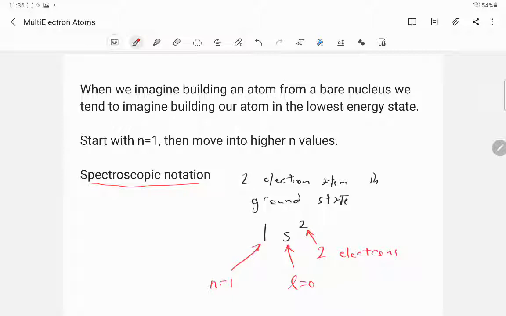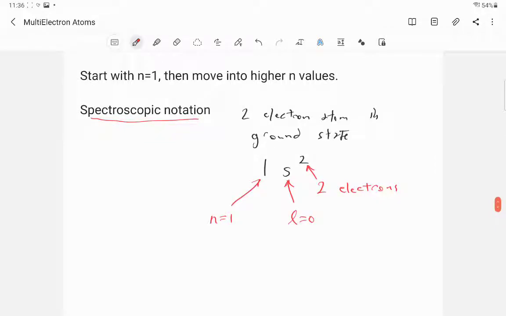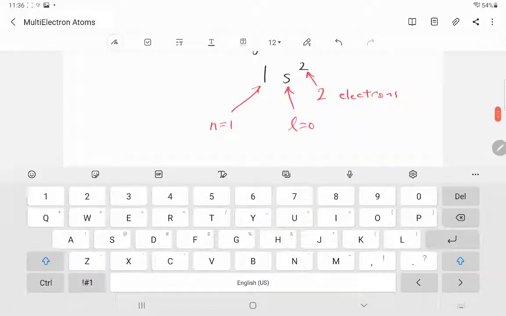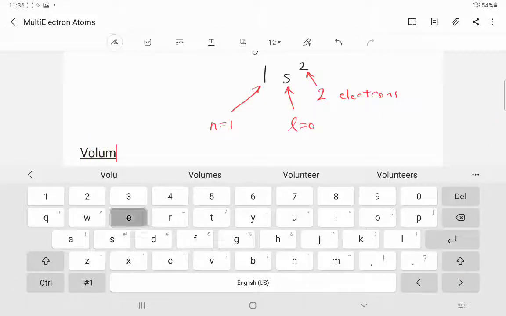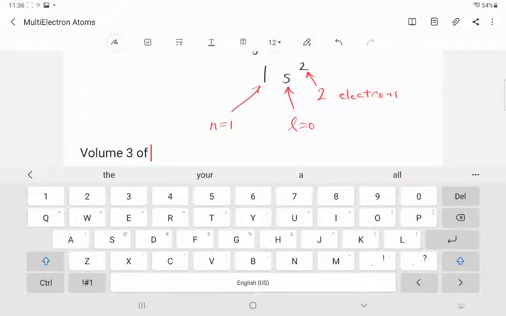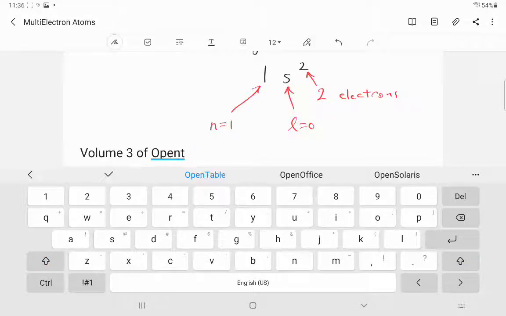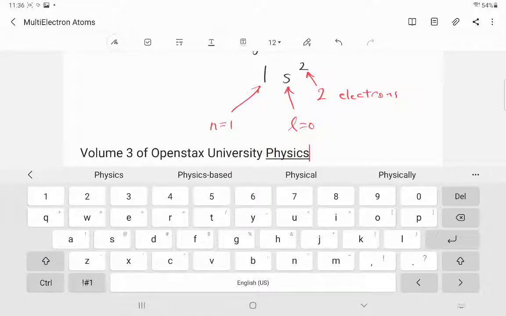And in fact, there's a pretty cool list in the book that I'm about to quote, volume 3 of OpenStax University Physics, which is the physics textbook that I'm using for the class I'm teaching.